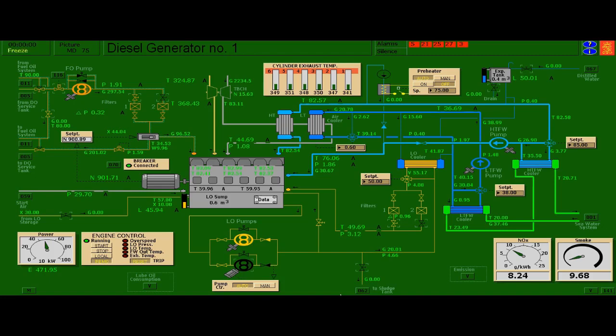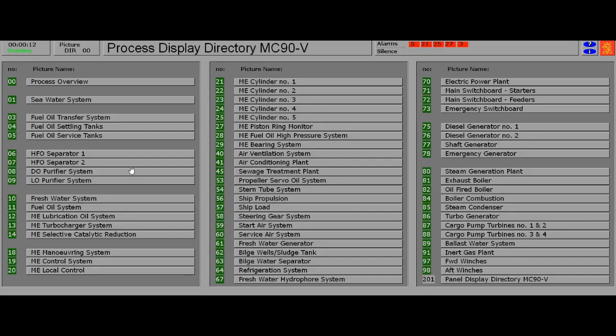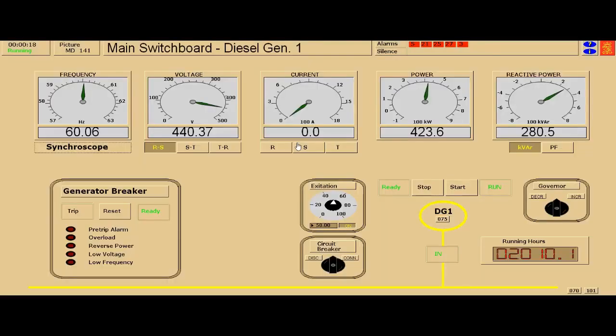As we can see here, the speed of our diesel generator 1 is around 900 RPM. Let us now check the frequency of the generated voltage. The voltage of this generator is around 440 volts with 60 Hz frequency as shown in the frequency meter.